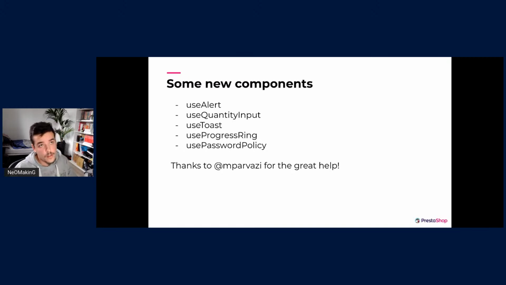And usePasswordPolicy is the last one we did. It's not merged yet, but it's related to the new password policy feature that should be added soon on the core, I think. It permits us to enforce the password policy on the front end. All of these components are still exposed to a window object, and we will see it later while looking at the documentation.